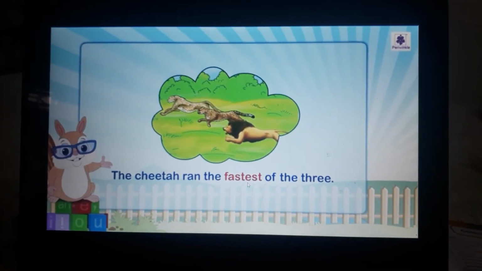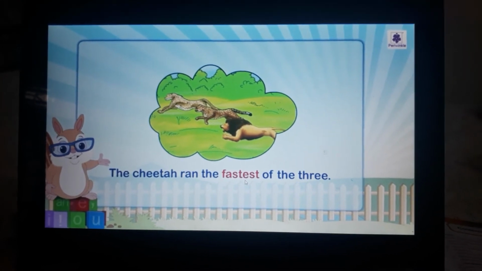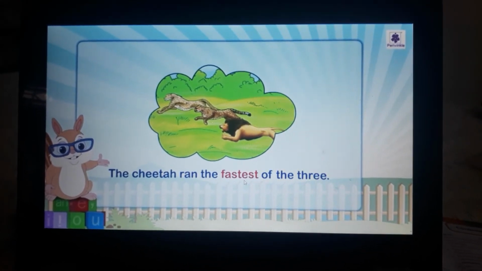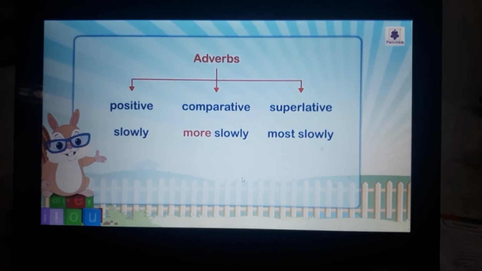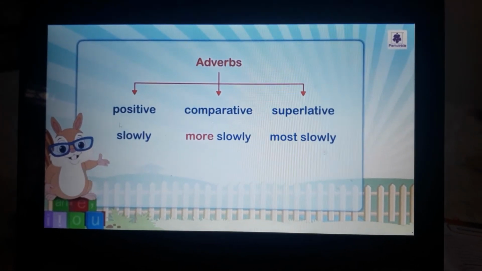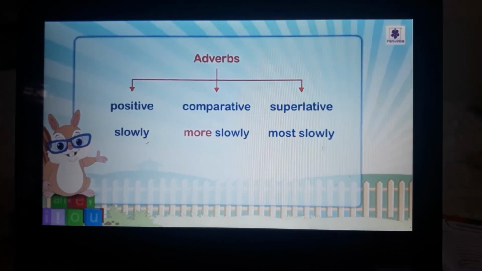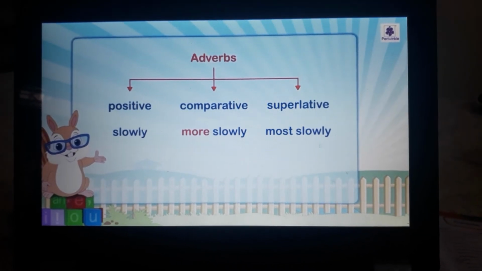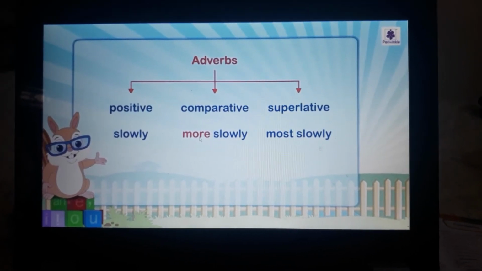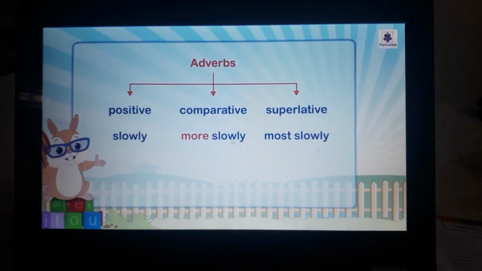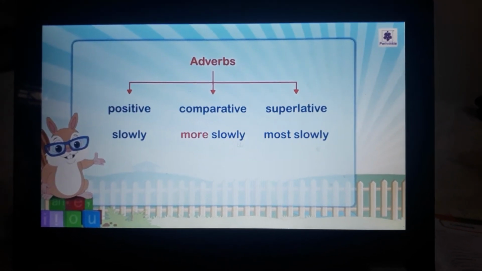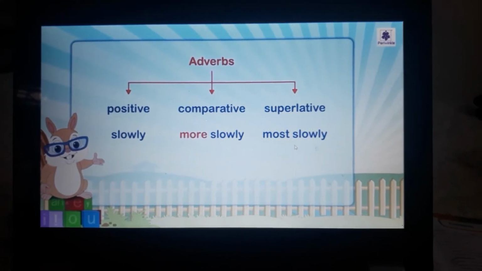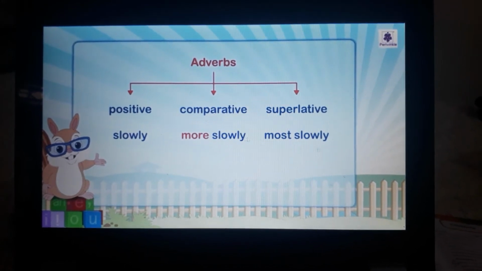What we will use for that? We will use more and most for that, okay. Like slowly. Positive degree is slowly, then the comparative degree will be more slowly, and the superlative degree will be most slowly, okay.